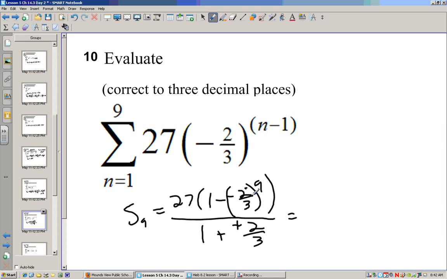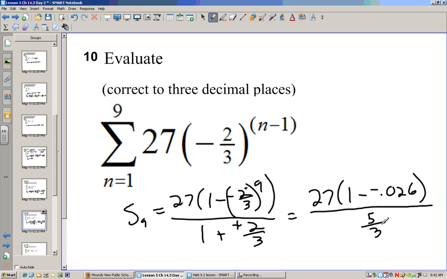Negative 2/3 to the 9th becomes negative 0.026. 1 plus 2/3, 3/3 plus, that would be what, 5/3?